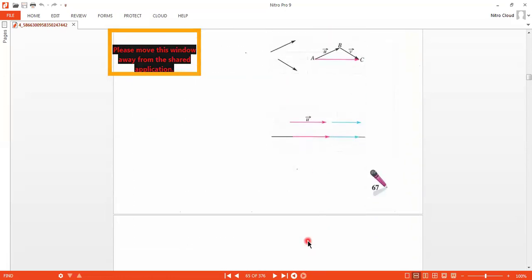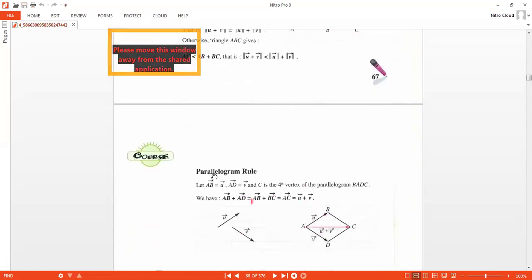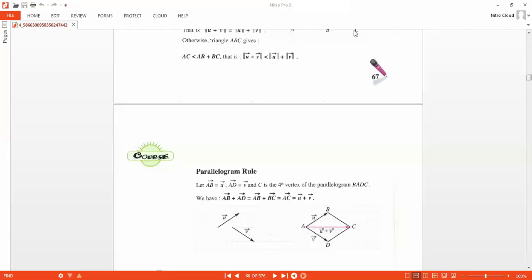The second thing that we have learned is the parallelogram rule. If I have vector AB plus vector AD, as you can see here, the two vectors are issued from the same point A, the same vertex A. In this case, we cannot say that AB plus AD equals BD.